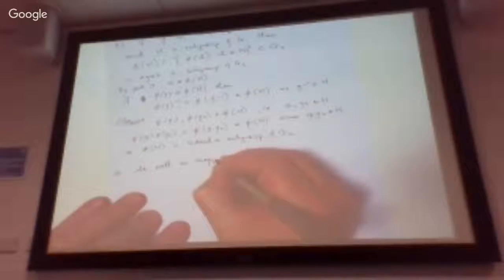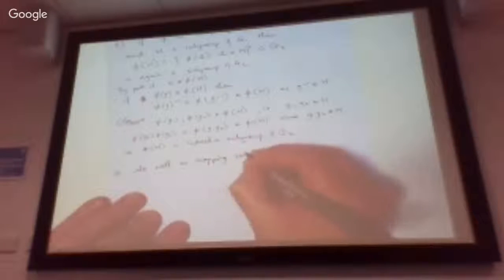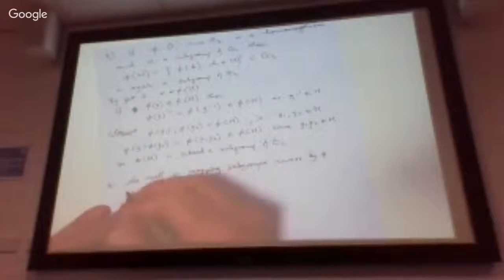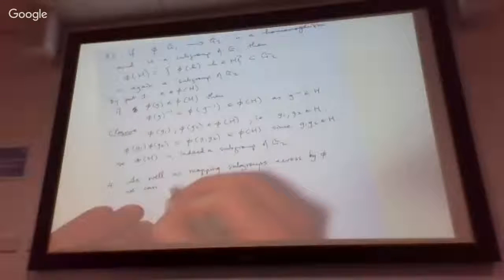Well, that property is about mapping subgroups across from G1 to G2. And the very same thing holds for pulling subgroups back from G2 back to G1. So as well as mapping subgroups across the gap from G1 to G2, so to speak, by applying phi, we can also pull back.